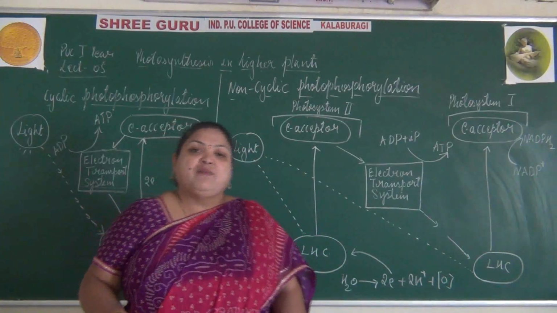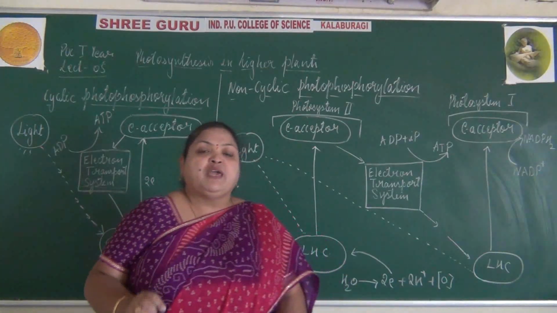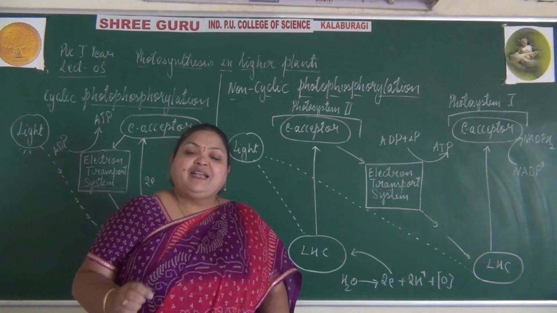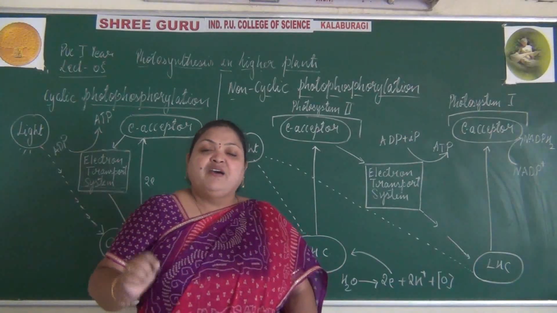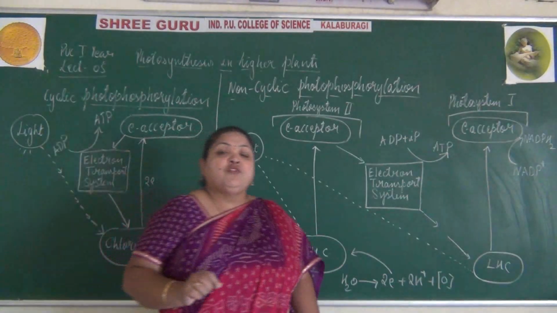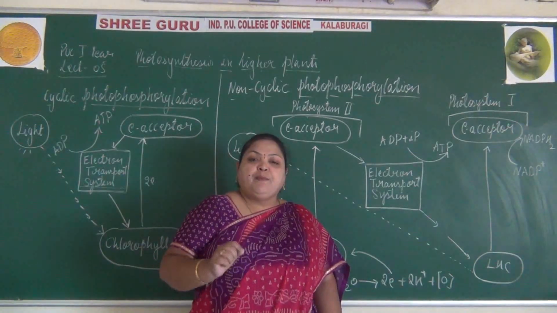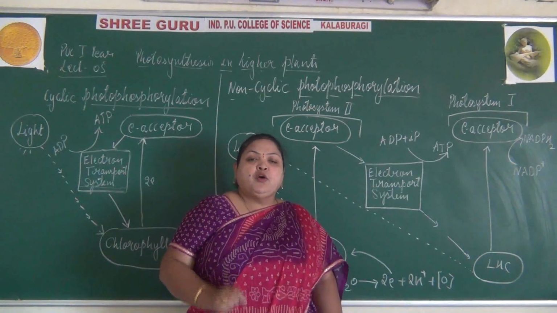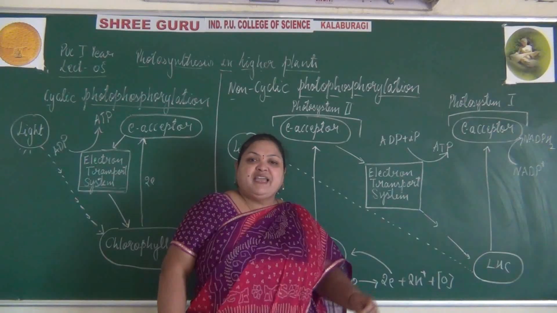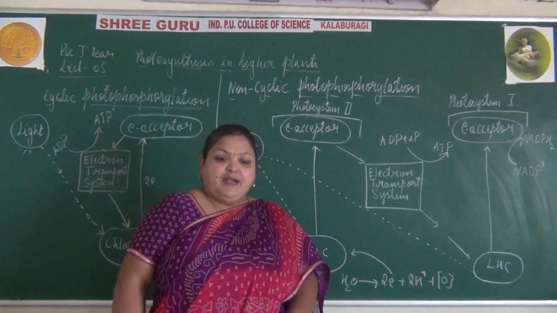If you go with the summary, total photochemical reactions that occur in the grana result in the formation of two assimilatory powers, two very important components, that is ATP and NADPH.